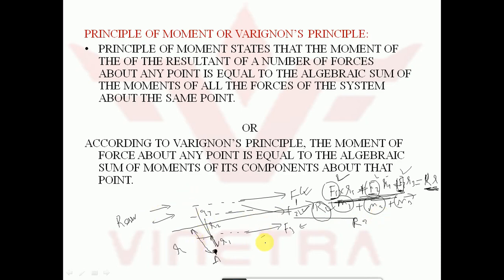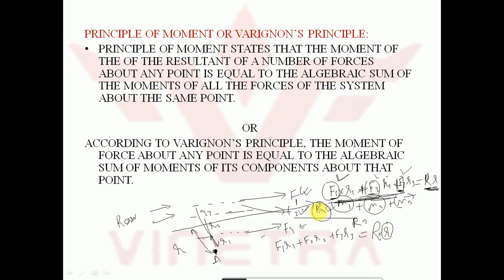So that is Varignon's principle, or we can even call it the principle of moments. For example, F1 into R1 is the moment produced by F1 about the point A, plus F2 R2 plus F3 R3 is equal to the moment produced by the resultant.